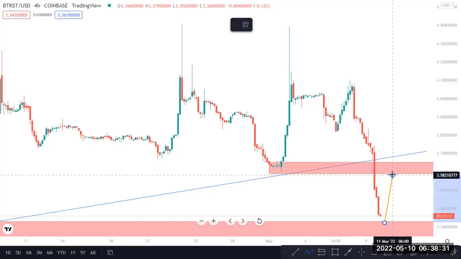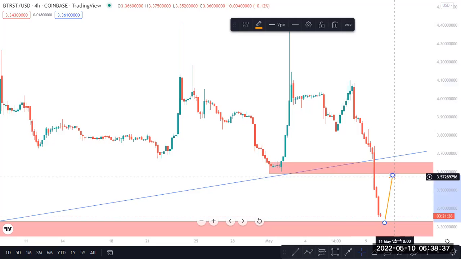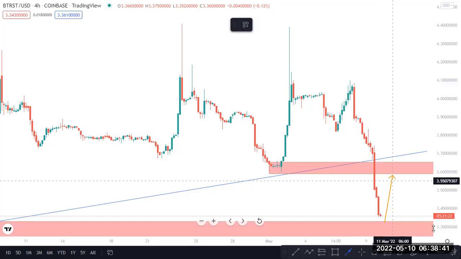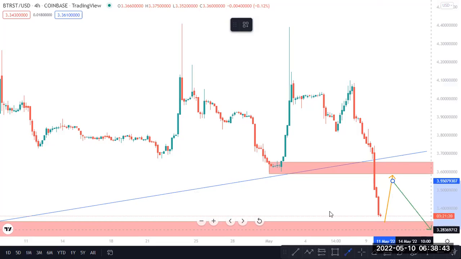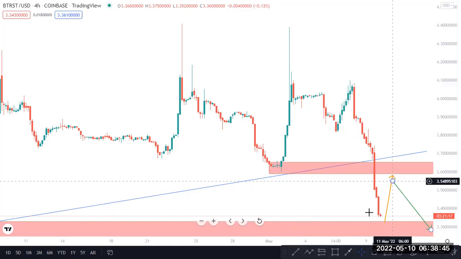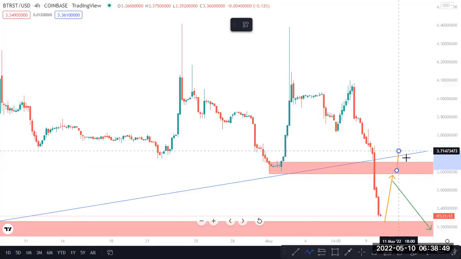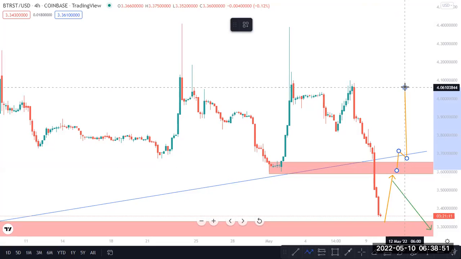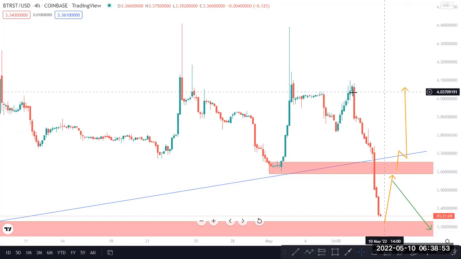Why? Because this zone area is now a supply zone. Possibilities are we might reject this zone area and continue going down, or we just break the zone area and be in a strong uptrend, right? So that's what we are looking for basically on BTRST.